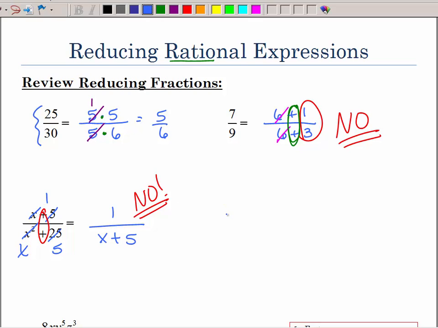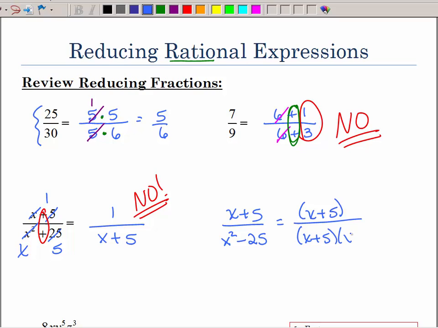Now if I change that problem just a little bit and make that denominator x squared minus 25, could I reduce it? Well, I cannot factor x plus 5, so I'm going to put it in parentheses to let me know that that is a factor. And the only thing that's going to reduce that is another x plus 5. Can I factor x squared minus 25? Well, of course I can.